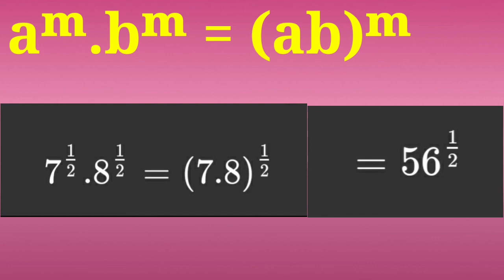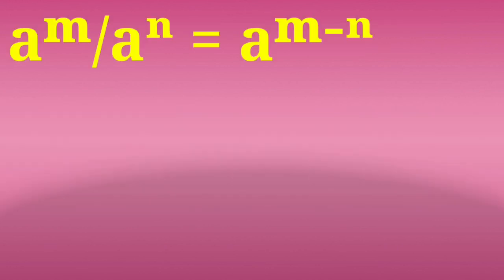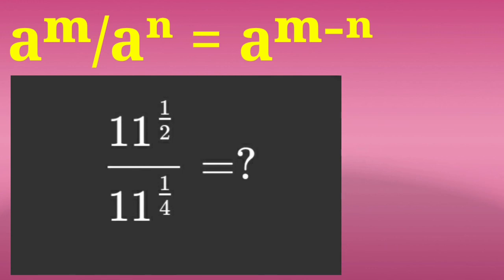And our next law is a raised to m by a raised to n, which is equal to a raised to m minus n. Why minus? We already discussed 1 by a raised to n is equal to a raised to minus n. So a raised to m by a raised to n is equal to a raised to m minus n. One example, 11 raised to 1 by 2 by 11 raised to 1 by 4. Here the bases are the same, 11, but the powers are different, 1 by 2 and 1 by 4.